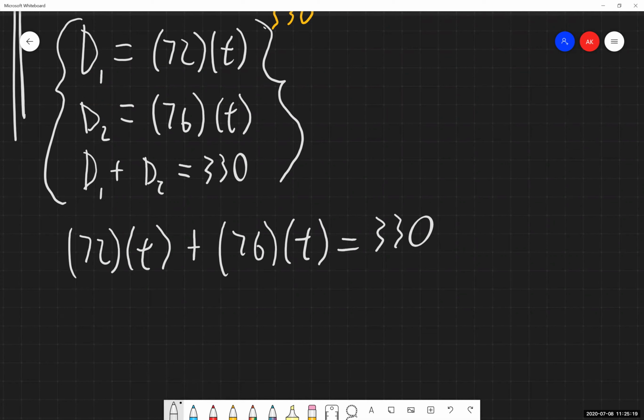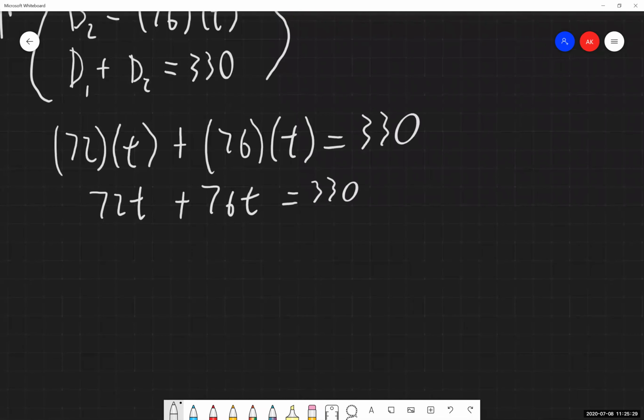And now we just go through and solve this as if we're solving any other mechanical problem in the past. So 72 plus 76, I don't know what that is off the top of my head. Apply your calculator. 148.